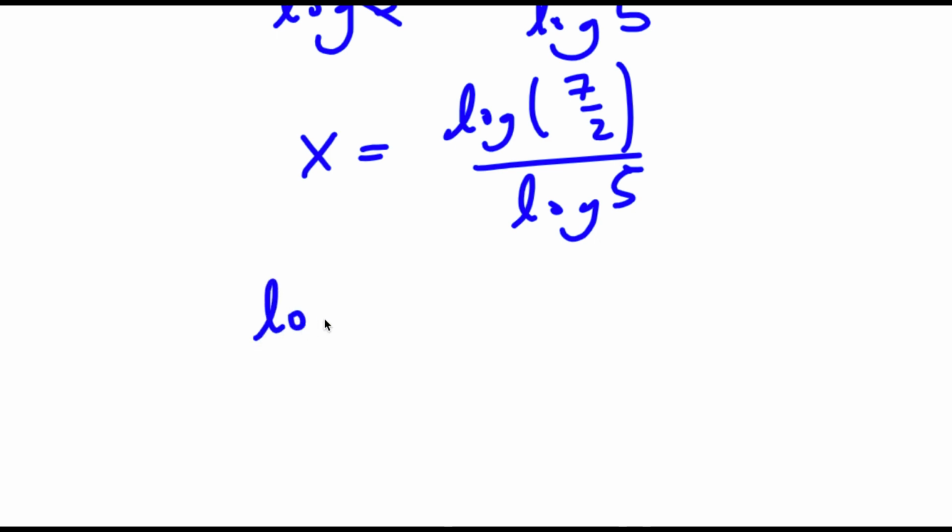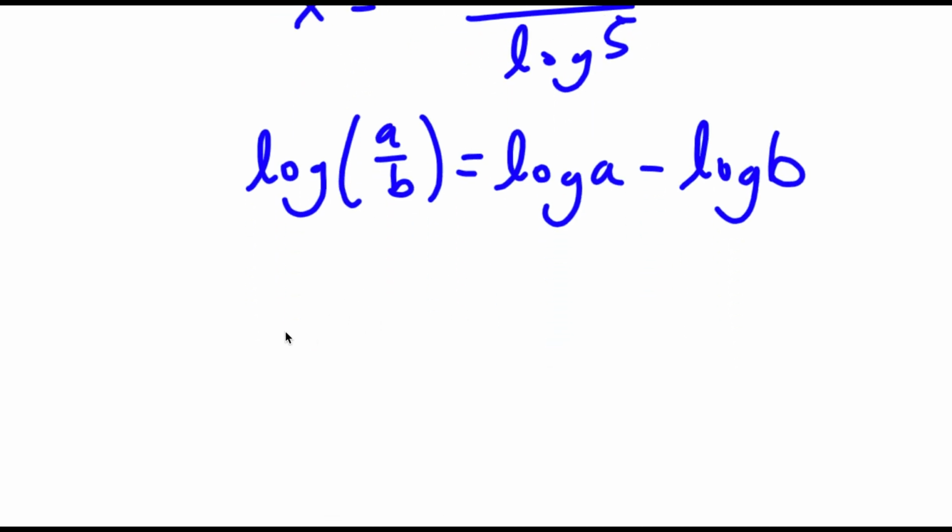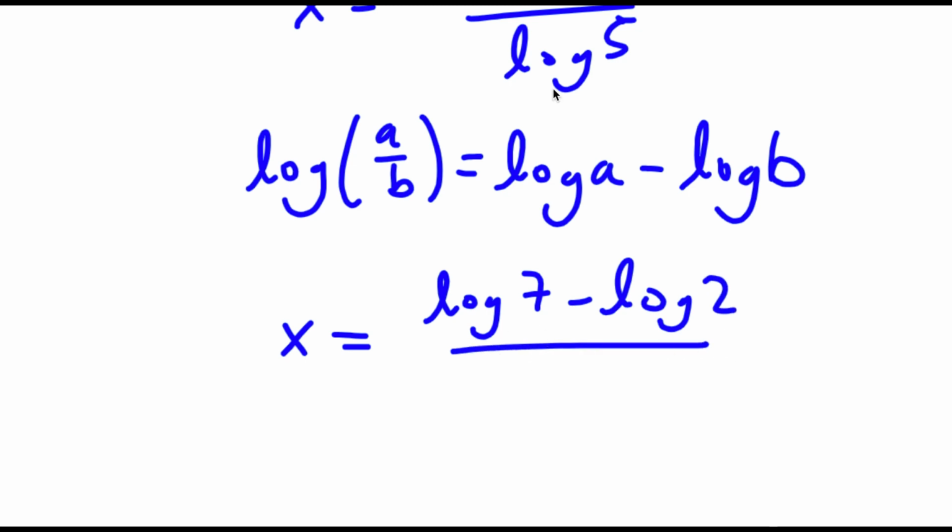Now if I have something in the form log a over b, this is equal to log a minus log of b. So in this case, I have log 7 over 2, and I can rewrite that as log 7 minus log 2, and I have this over log 5.